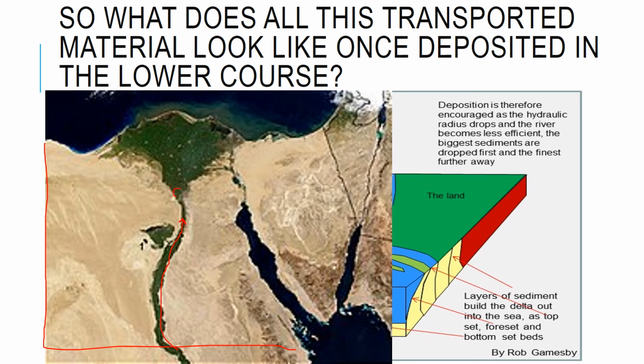Now we've got Cairo about here, but this area here is essentially the Nile Delta. So this is a very, very fertile patch of land. It means that Egypt can support a population of approaching 100 million people, and the water is eventually moving out into the Mediterranean Sea here.